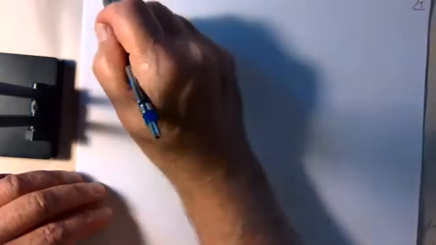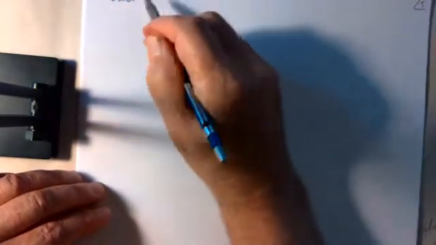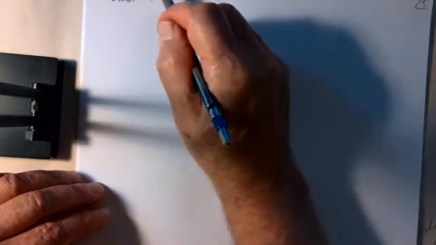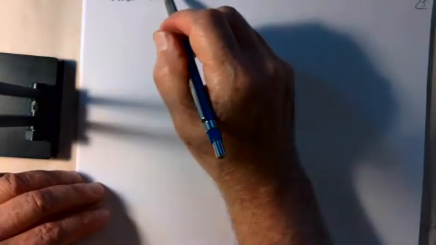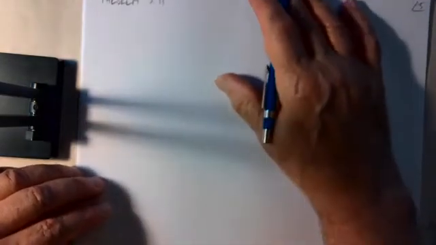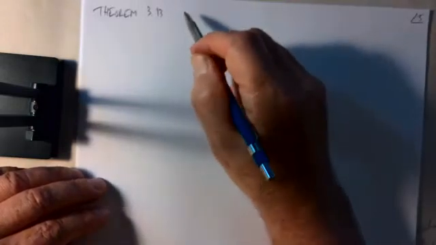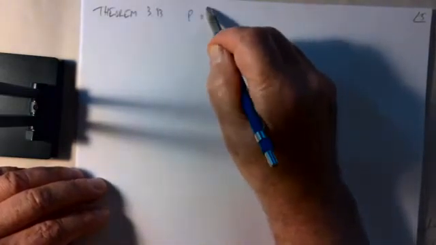Okay, so we have several theorems to prove today. This is theorem 313. It says something about the multiplicativity of the Legendre symbol. So again, P is always an odd prime.